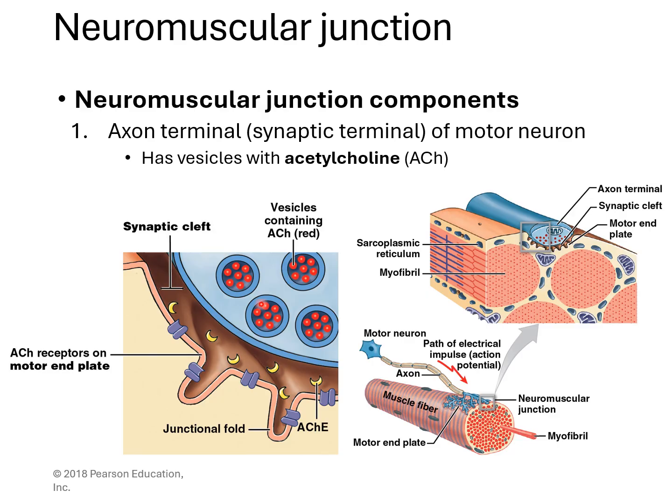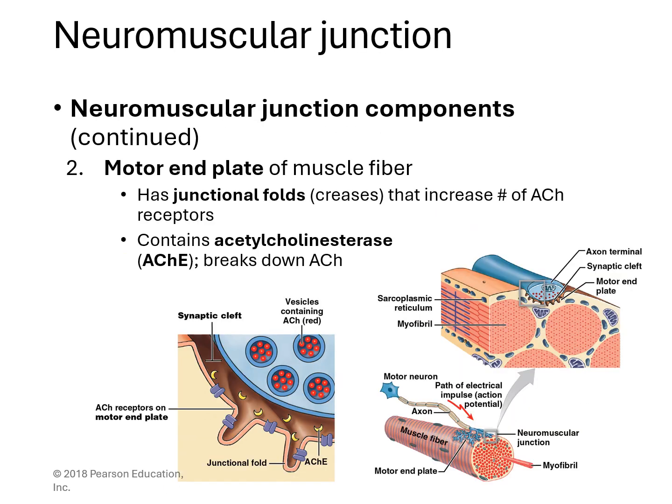Then the acetylcholine has to do something. It goes into the synaptic cleft, where you have enzymes that break it down, called acetylcholinesterase. And then you have the receptor that binds to acetylcholine.